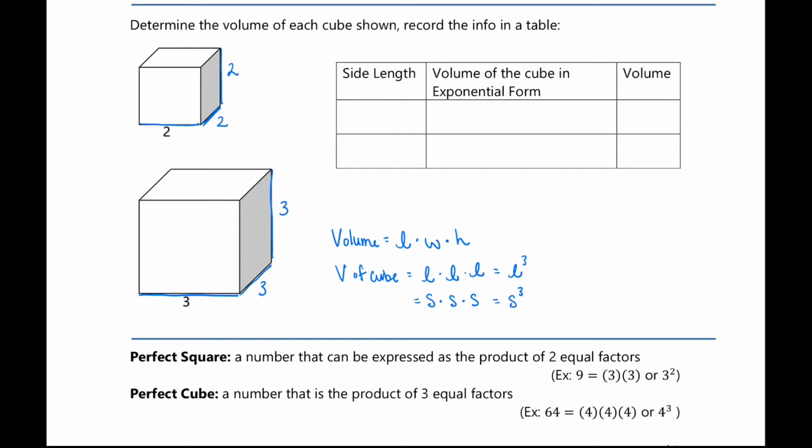So from the table here, when the side length is 2, the volume of a cube in exponential form would be 2 cubed, or 2 to the power of 3. The actual value of 2 to the power of 3 is 8.